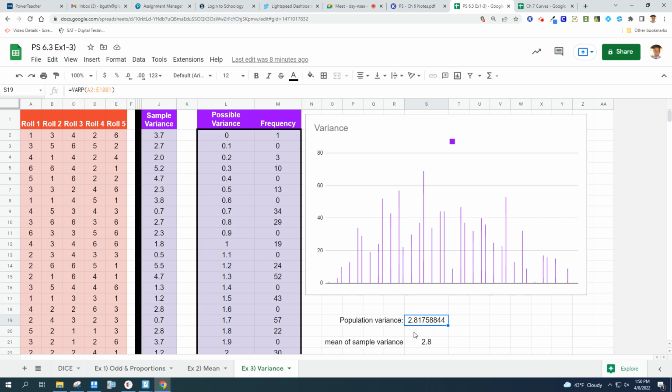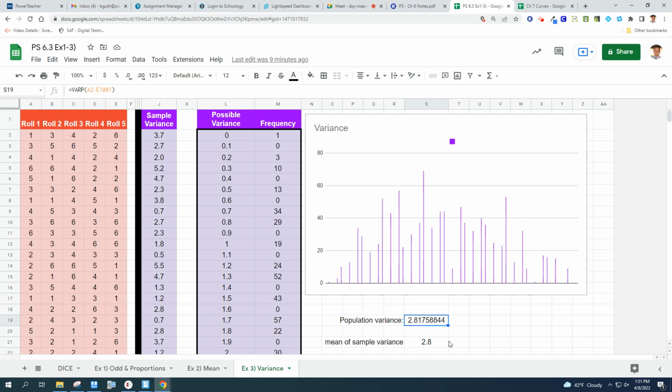And that's 2.8 or so. And then the mean of the sample variance, I found the average of this column, like I had been doing in the previous examples. And you notice that they're pretty much the same. The only reason they're not exactly the same is because I would need to do more numbers. If I did 1,000,000 or 1,000,000,000, I would expect these numbers to be even closer. The more and more you do, the more ideal your numbers become.